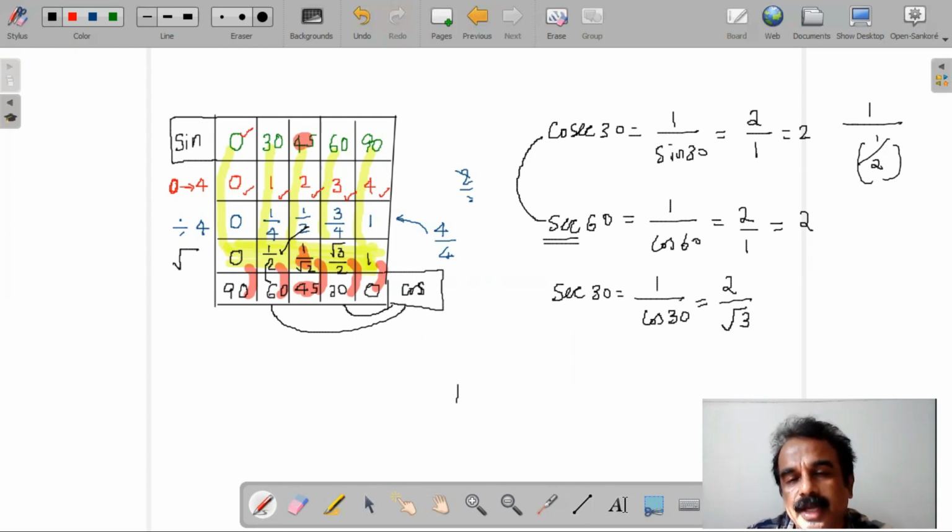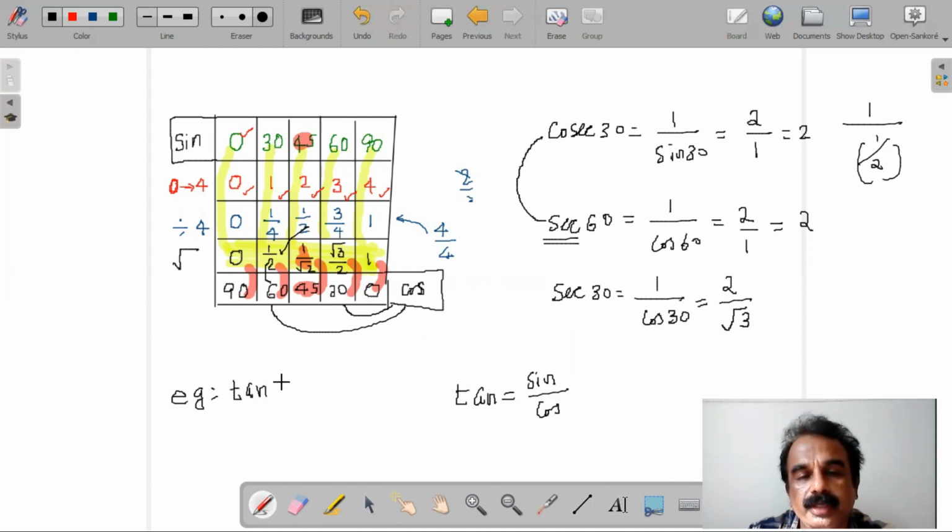Then to get tan, it will be sine by cos. For example, suppose you want to get tan 60, it will be sine 60 by cos 60. Sine 60 is very clear from the table: it is root 3 by 2. Then cos 60 is 1 by 2. Then the 2s are cancelled. Or you may write root 3 by 2 into 2 by 1.